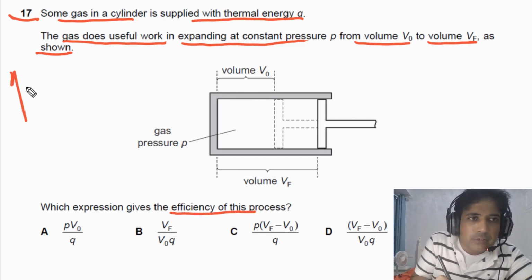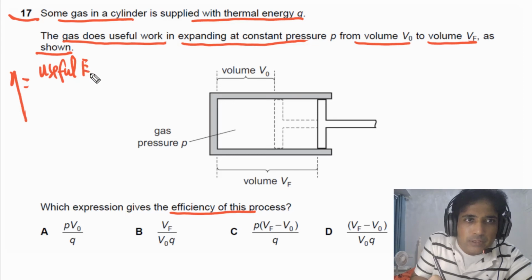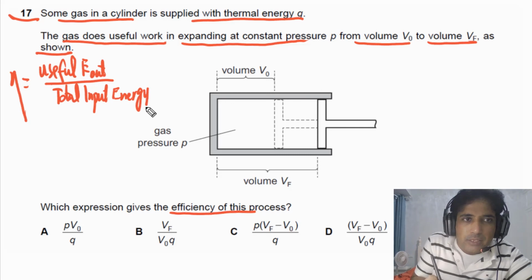So efficiency simply is equal to useful energy output divided by total input energy. In this case, useful energy out is the work done by gas, useful work done by gas.